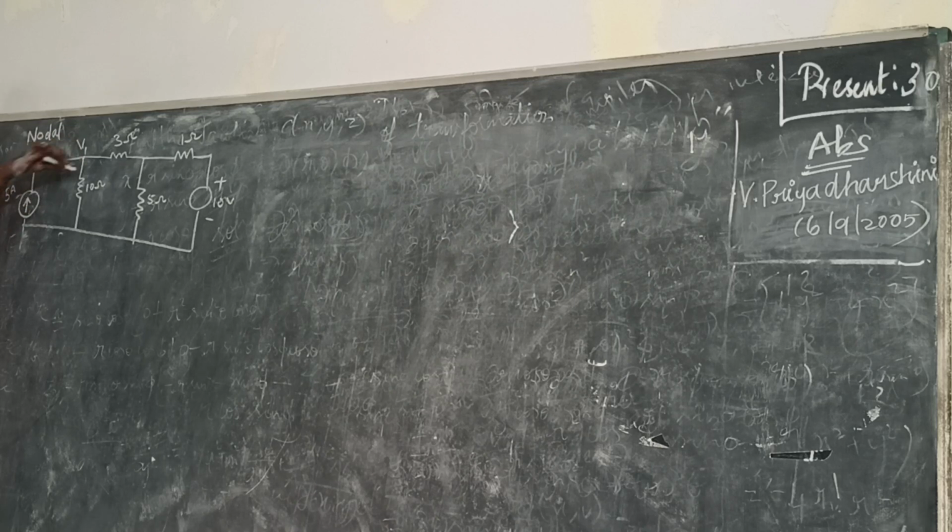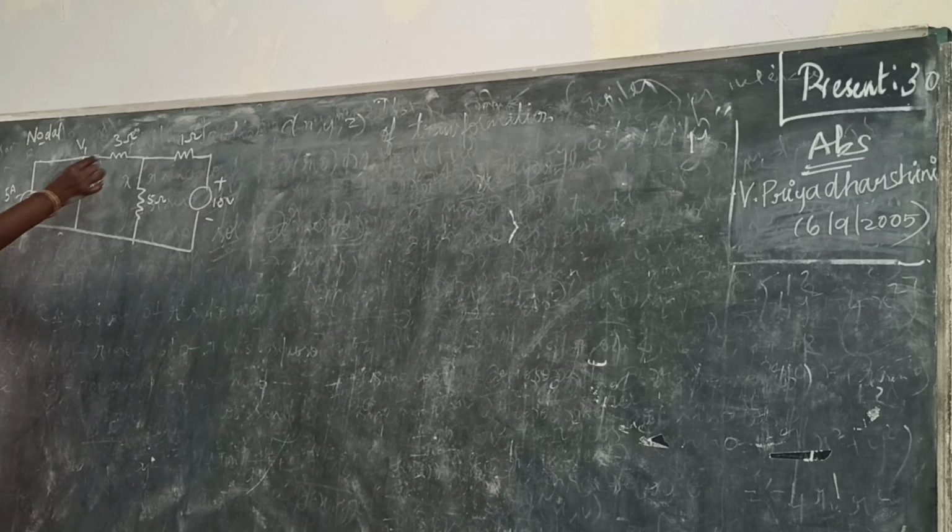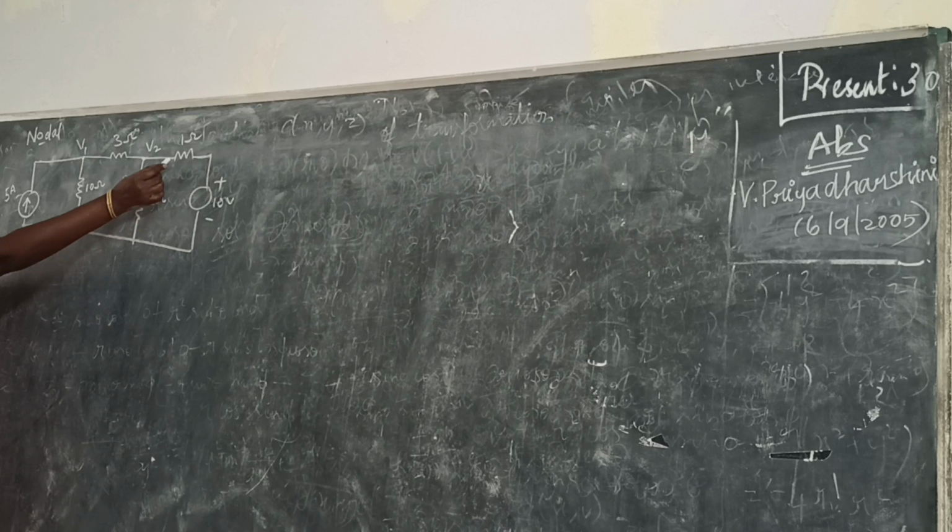Let us take V1 or V2. Then here one source is present, so it is also considered as another node, V2. So here only two nodes are present. Here this is considered as a single node because it is connected in series.